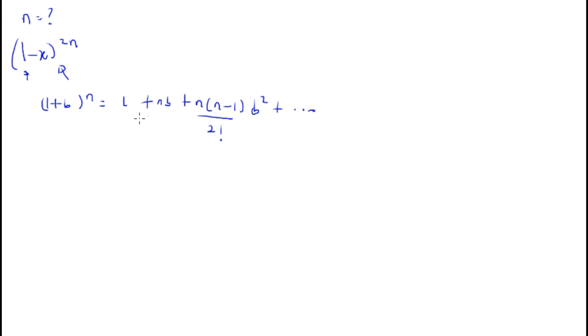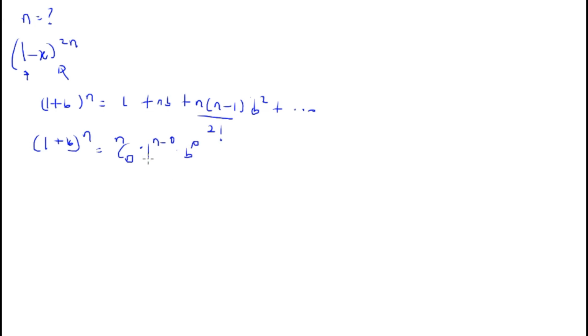Now, I got this by the same thing we used to have: nC0 times 1^(n-0) times b^0, isn't it?